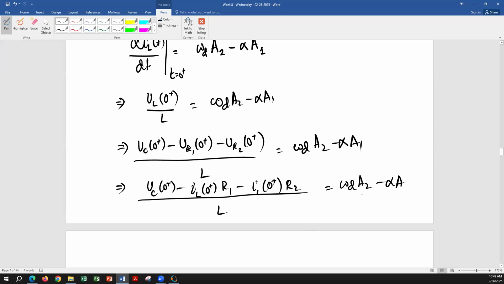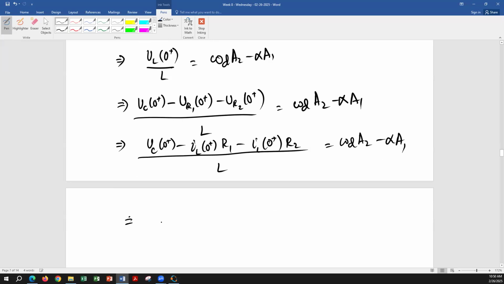So I'm just going to go ahead and calculate the value of A2 from this equation. Instead of further simplifying this, A2 will be equal to, let's see. A1 is IL0, right?